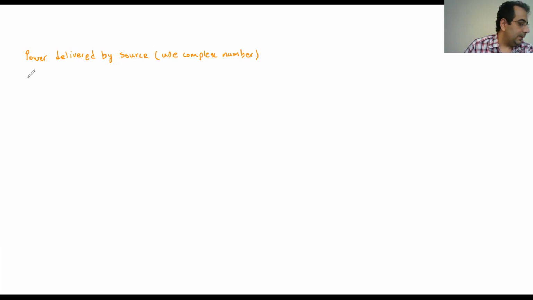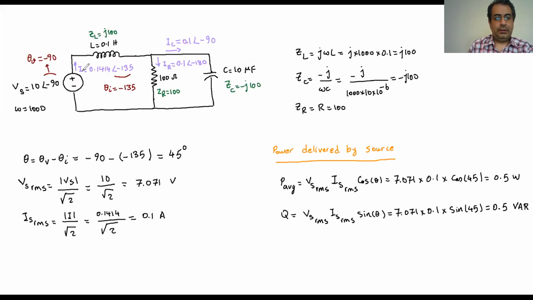So I can go ahead and say that S is 1/2 of V I star. So half of, and I know this is the VS and this is the IS star of that.